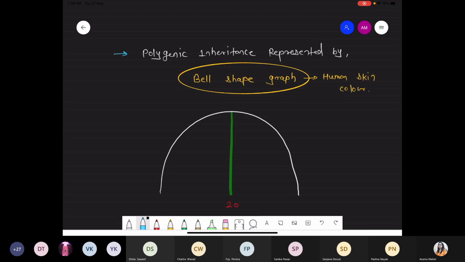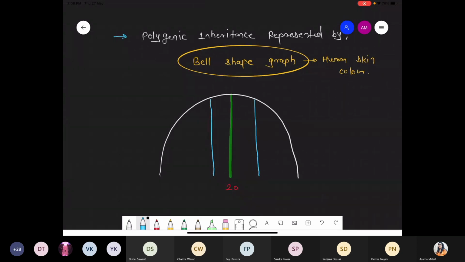Now if you go towards the left-hand side as well as the right-hand side, the number of progeny gets reduced. It means they become 15, 15. Again when you go further left and right, the progeny number decreases, that is 6, 6. And at the terminals, the least progeny, they have only 1 and 1.